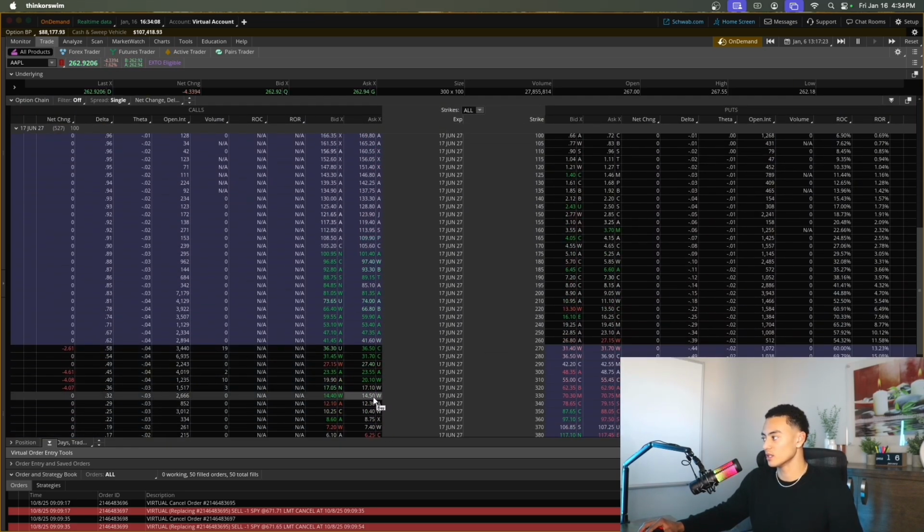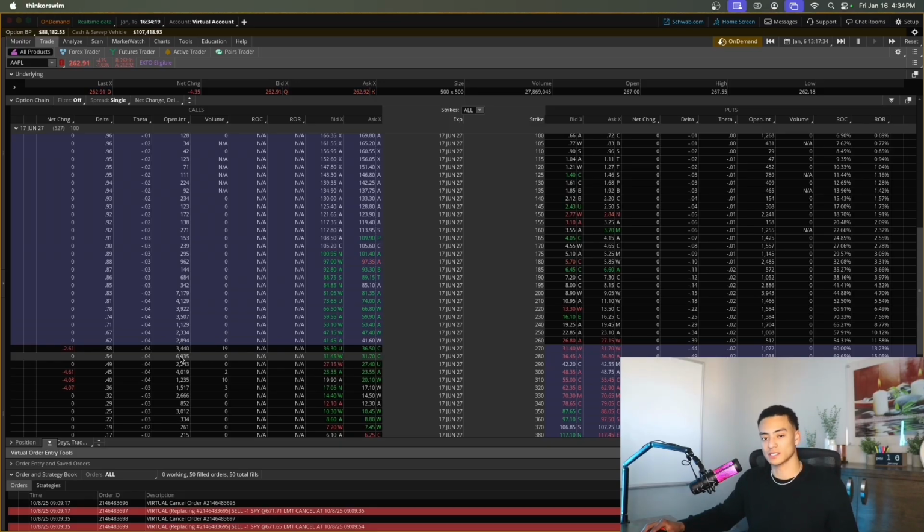They're more expensive. So if I look at this one, that's about a $25 difference, and that one has an open interest of 6,000. It's just the fact that the contract is more expensive is why there's a bigger bid ask spread.